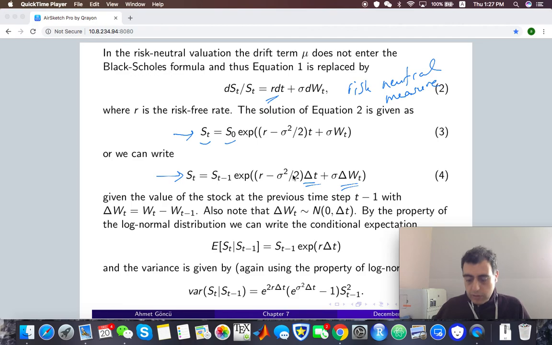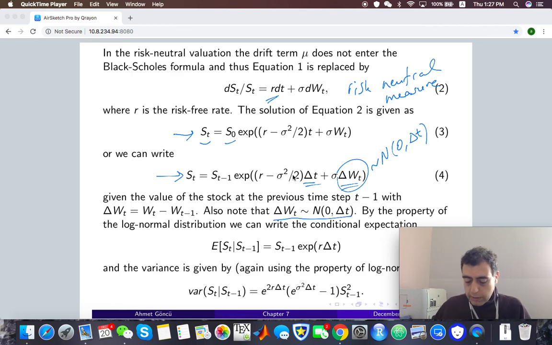Each increment is generated from the noise coming from this term, but by the defining properties of Brownian motion, delta W_t has a normal distribution with mean 0 and variance delta t. And that's also already given here.